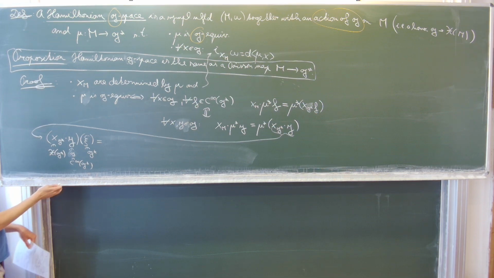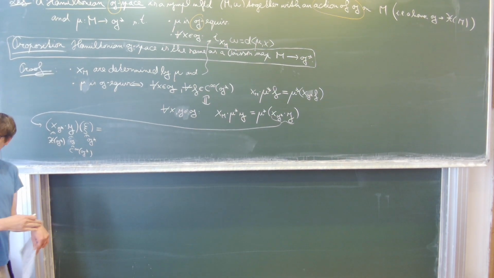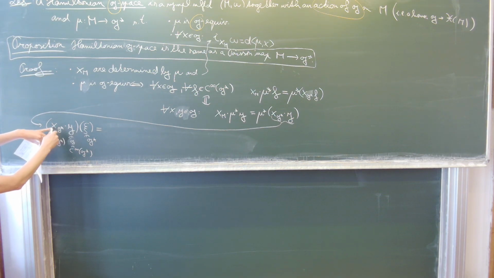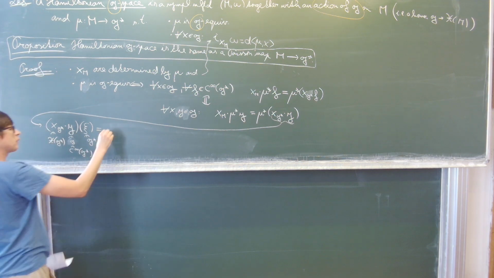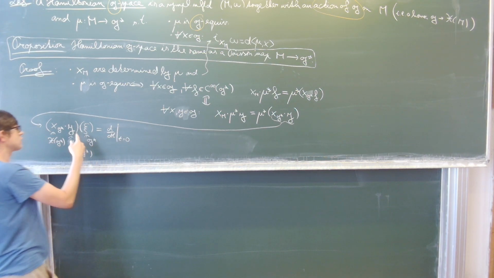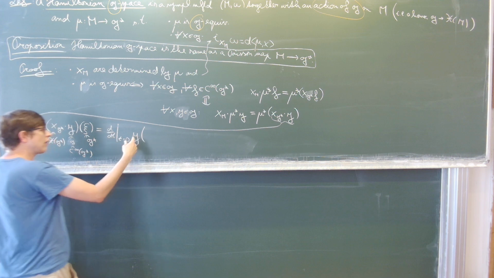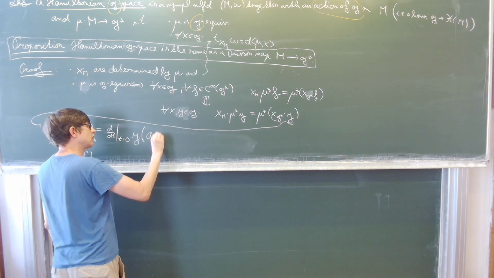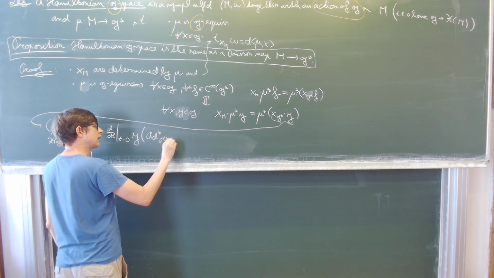Sorry, if it's too fast, then you can pause the video. Okay, so I'm differentiating a function at a point. What does that mean? It means that I look at the integral curve of this thing. I evaluate my function at a curve starting here, which is given by this, which is precisely Ad star e to the minus tx of xi.